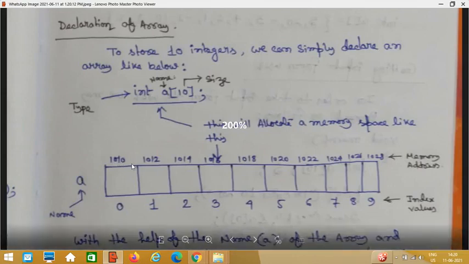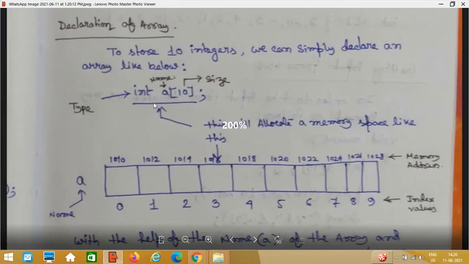So these two addresses are required for the first block. Then the second block will start from memory address 1012. Similarly, the addresses of the following blocks are 1014, 1016, 1018, 1020, 1022, 1024. In this way, all these memory addresses are there.